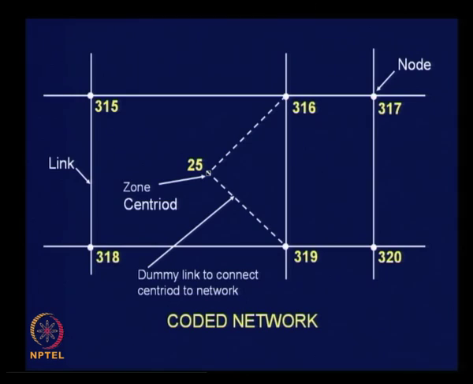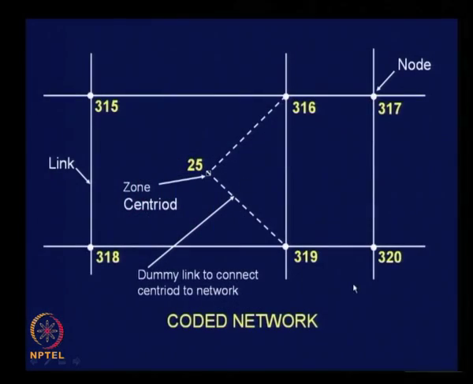It depends on the actual traffic flow that we experience in the field. If the people living in this area are getting connected to all the 4 intersections evenly, then your links must represent the realistic flow condition, and you have to have more dummy links, and you must have connection from 25 to 315 as well as 318.